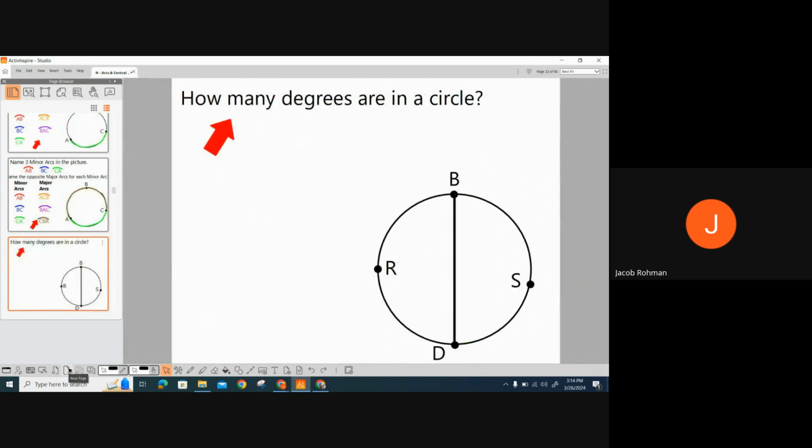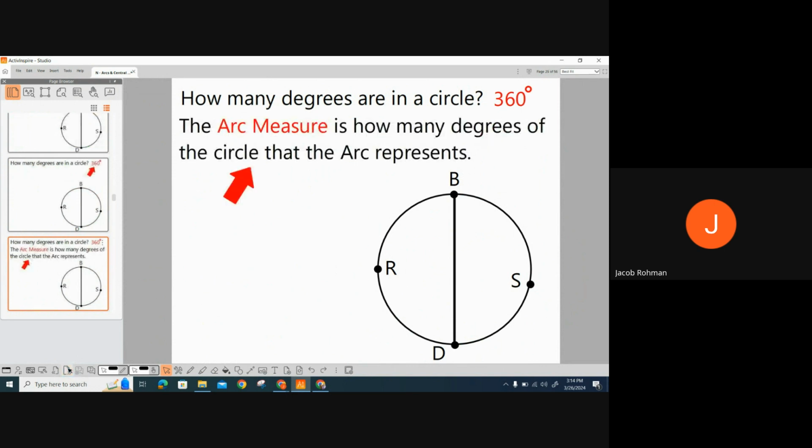And then the next question says, how many degrees are in a circle? Well, we know that there are 360 degrees because that forms one full rotation. And then we know that the arc measure is how many degrees of the circle that arc represents. So here, if we look at the red and the blue arcs, those represent half the circle in this case.